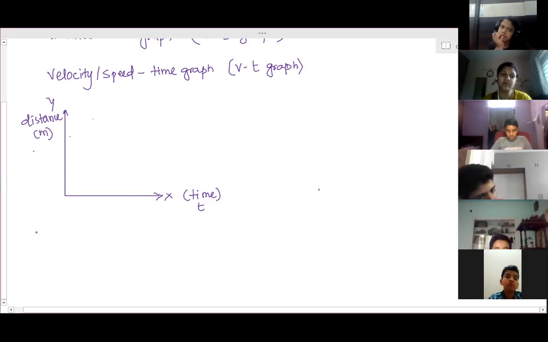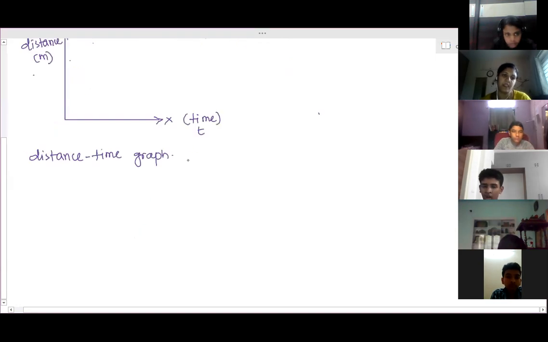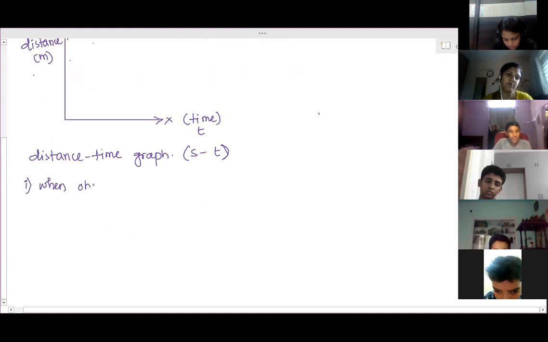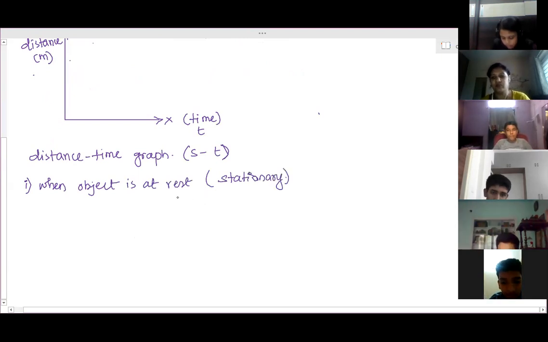So distance time graph, first condition. S is distance, T is time. So first case, when the object is at rest, or stationary. Stationary, that is, now it is not moving.